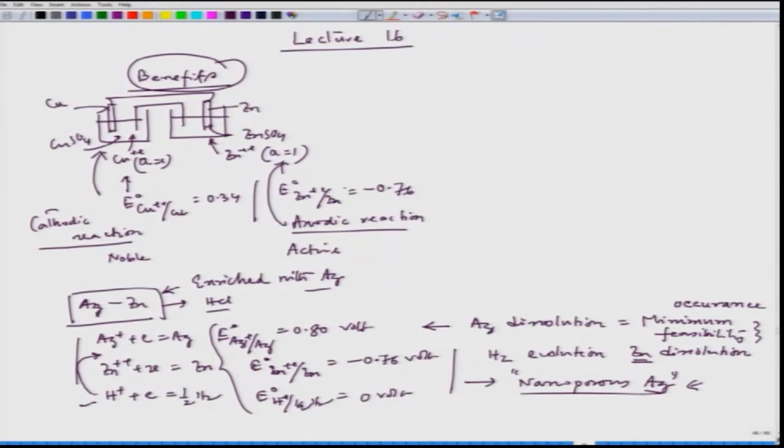And from the second series, at least we can tell what reactions are going to happen.